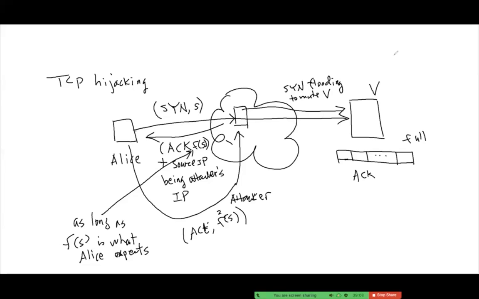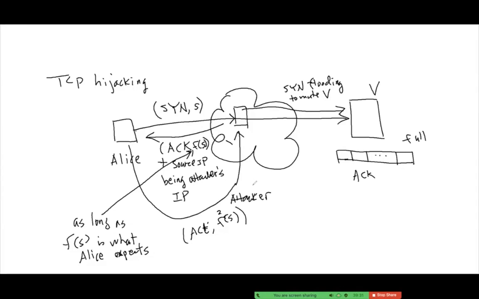So this means that Alice and the attacker will establish a TCP connection instead of Alice and V. So this TCP connection is hijacked by the attacker.